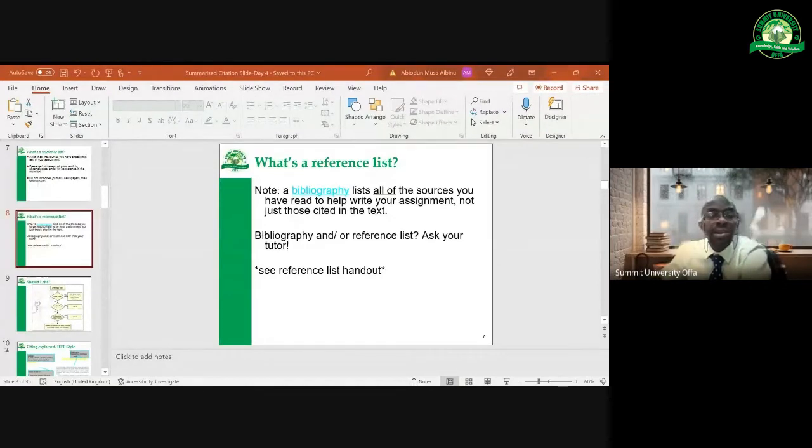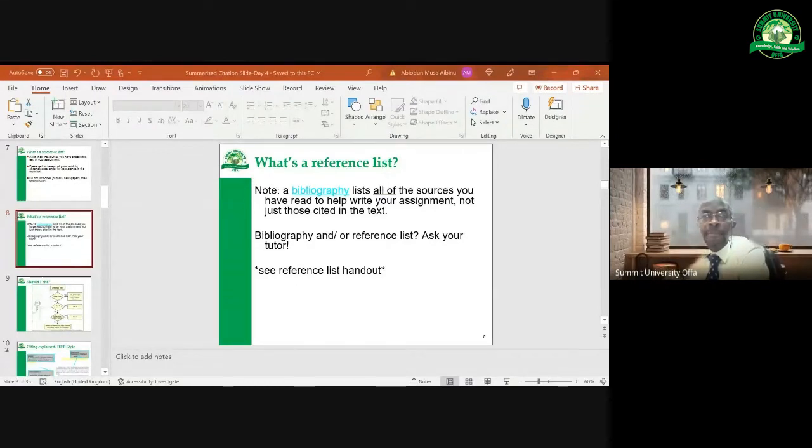For your bibliography, you need to list all the sources you have read to help you understand or write your thesis or your assignment, and not just those ones that you have cited in the text. And then it follows the usual pattern.